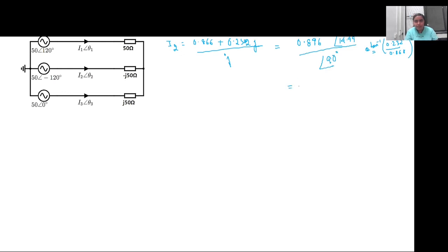So when we simplify this, it is 0.896 angle of 14.99 minus 90, which comes out to be around minus 75.01. So around minus 75 degree. Everybody clear on this one?